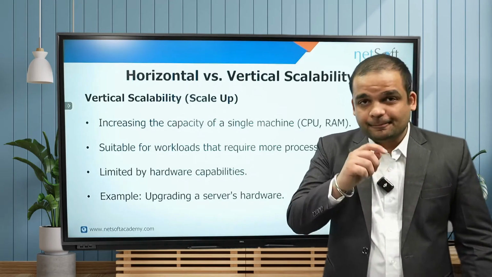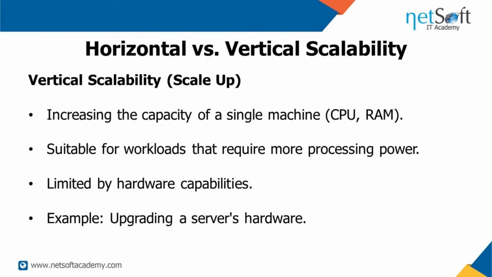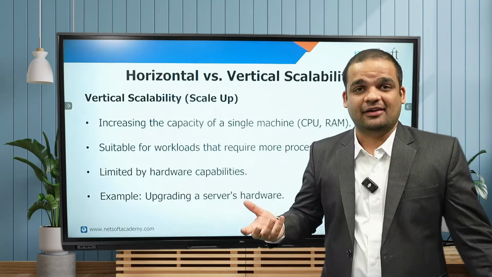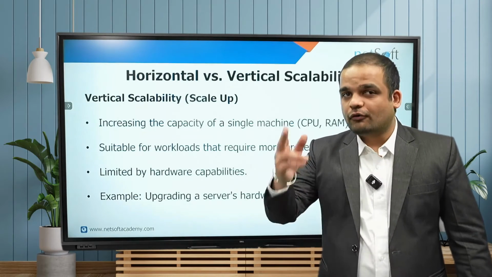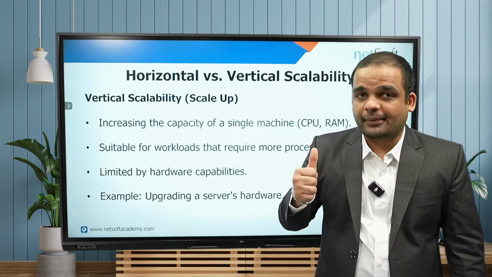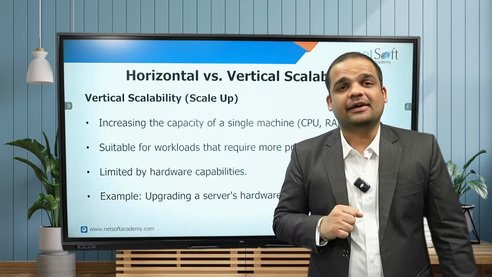For example, you may upgrade your server hardware or your personal computer to improve its performance when it struggles to handle resource-intensive tasks like gaming. So adding a new graphics card to your machine is also vertical scaling. You're scaling up. All right?